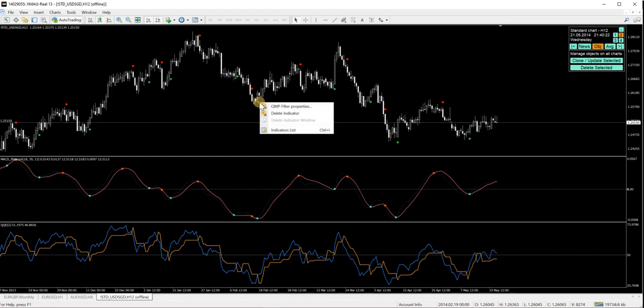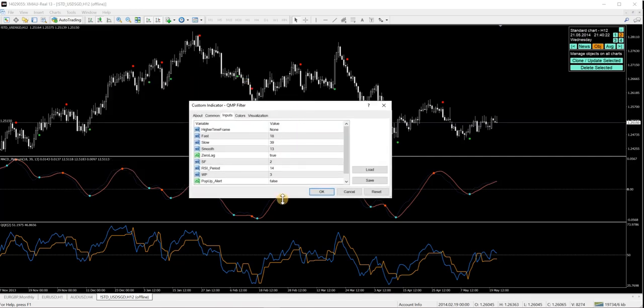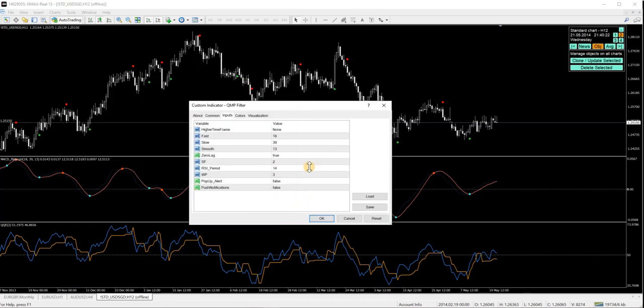So if you look at the settings on the QMP filter, I'll bring it over onto this monitor so it makes it a lot easier to see. Instead of the usual 12, 26 and 9 on the MACD Platinum, the middle one, it's 18, 39, 13. Still got zero lag. And instead of being 1, 8, 3 on the QQE, it's 2, 14, 3.